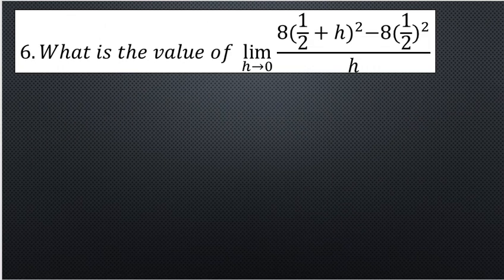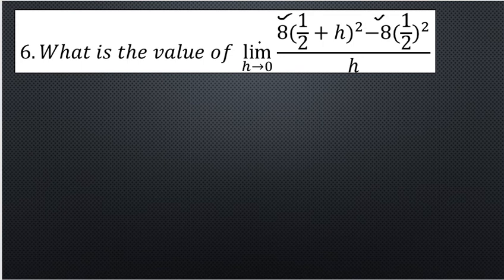Okay, next question, number 6. When you go to question number 6, it says again a limit. What is the value of the limit of 8 in bracket (1/2 plus h) the whole squared minus 8 in bracket (1/2) the whole squared. Okay, again this time what we are going to do, let's take out the 8 as common, because there is 8 here and 8 here in both addends. It's a constant.